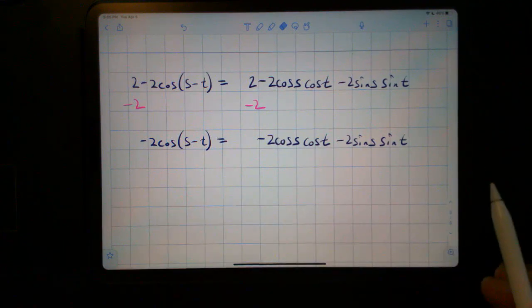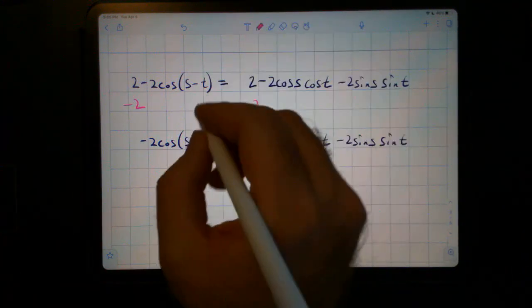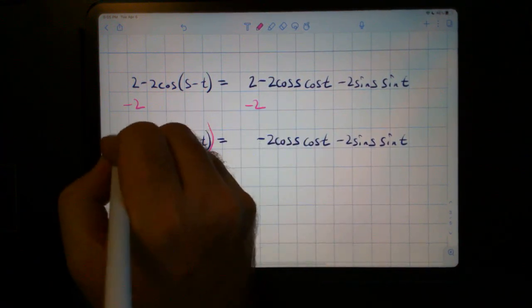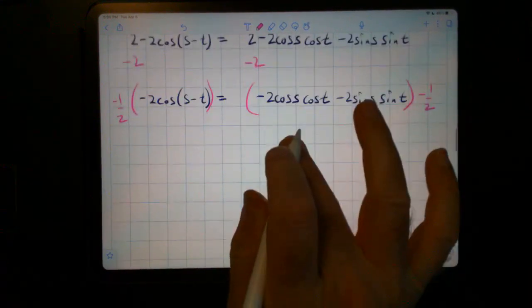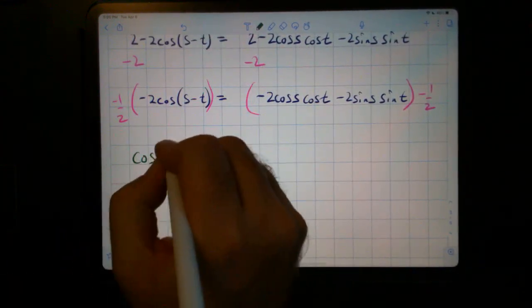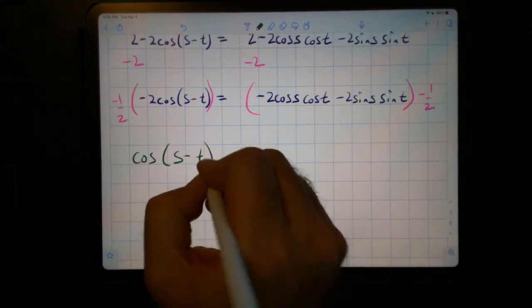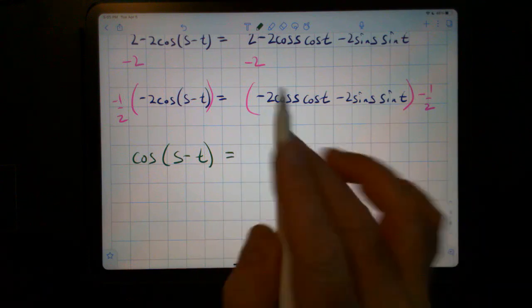We just subtracted 2 from both sides. And then I can multiply both sides by a negative 1/2. And what this gives me is cosine of s minus t is equal to, so negative 1/2 times negative 2 is positive 1.